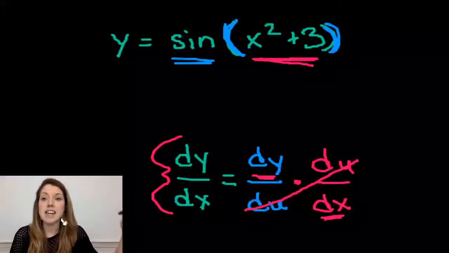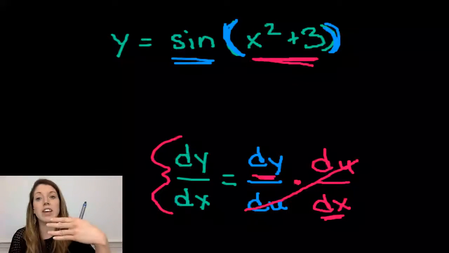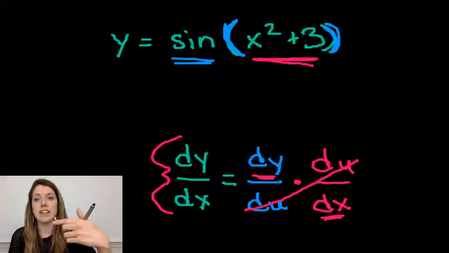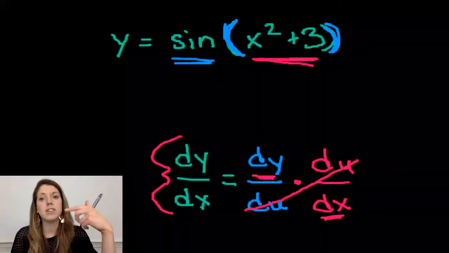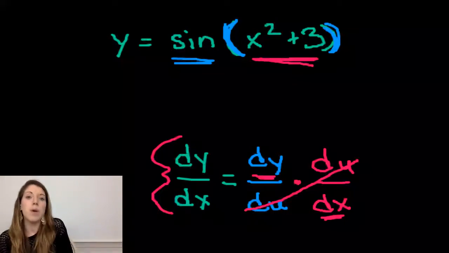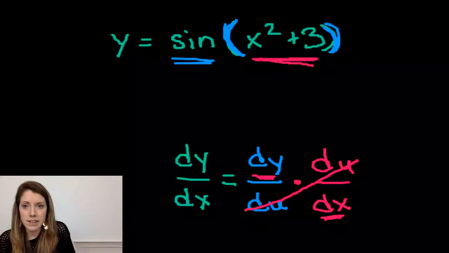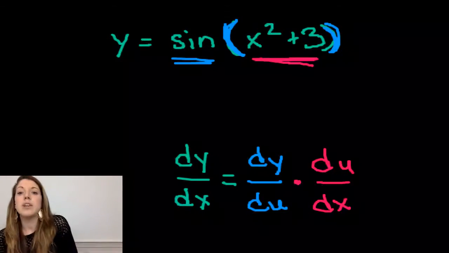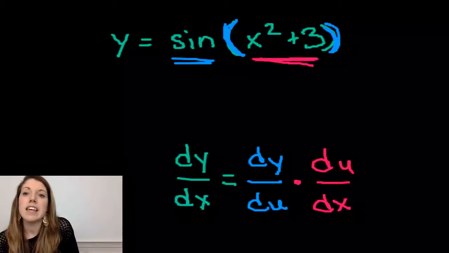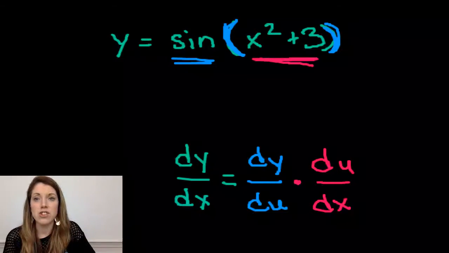of the chain rule. So we can establish that this idea of dy dx can actually be rewritten into two pieces, dy du times du dx. Now, what does that mean? Dy du, that means the instantaneous change of the y function with respect to the instantaneous change of the u function.